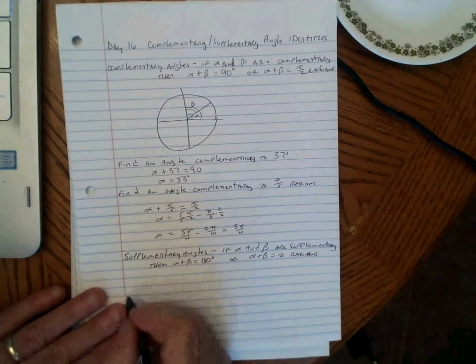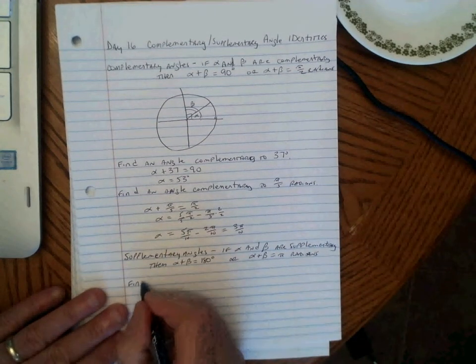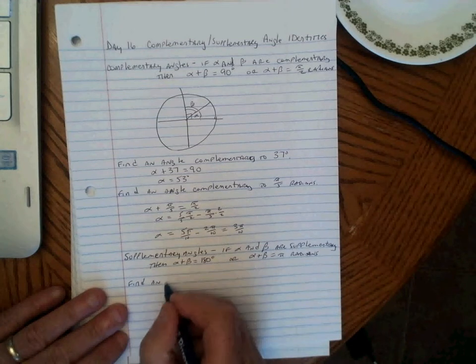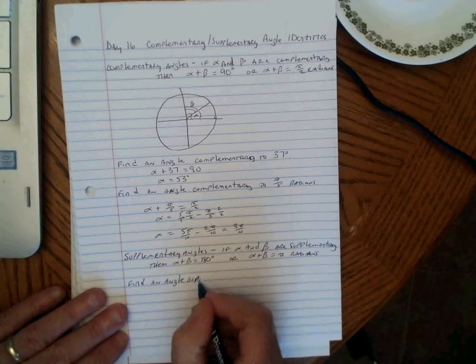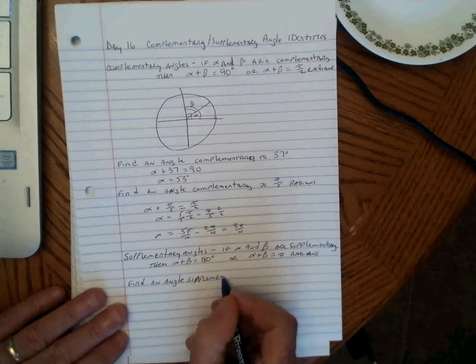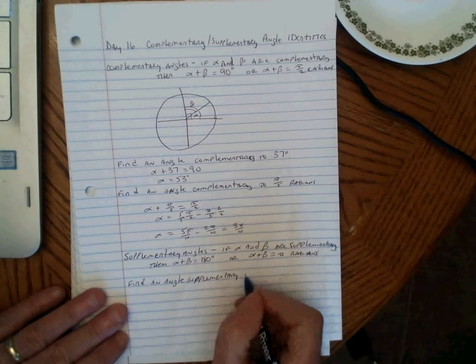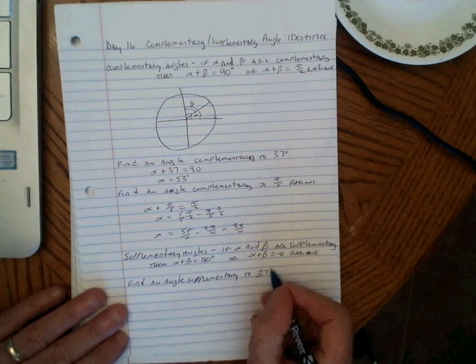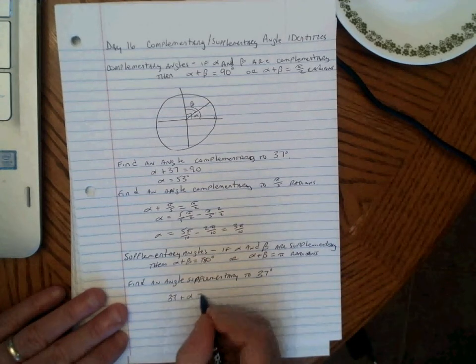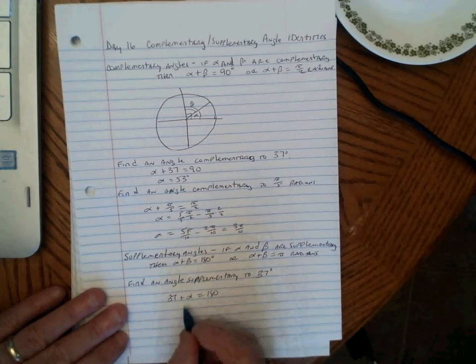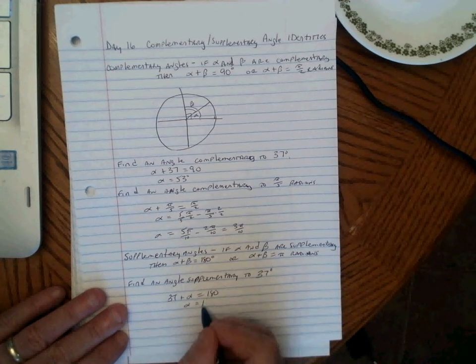So if I said find the supplementary angle to 37 degrees, you would say 37 plus alpha equals 180. Subtract 37 from both sides and get alpha equals 143 degrees.